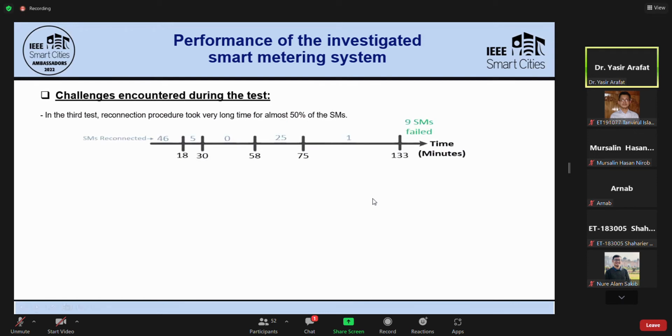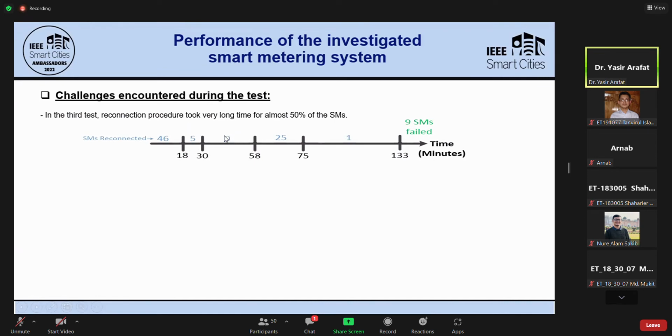We looked at how long it took to get the smart meters reconnected, because we had to try again and again. First we sent a signal and got a confirmation message that 46 meters got reconnected, but we knew that some meters still needed to be reconnected. So we sent the signal again, and got confirmation from 5, and then we sent the signal again.